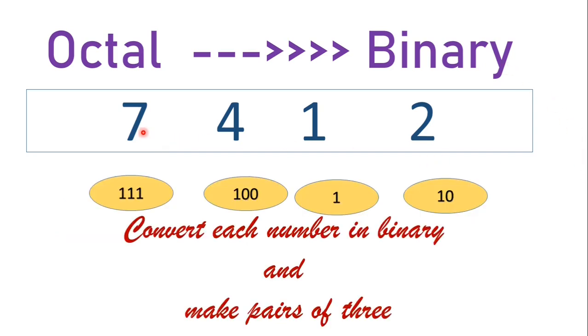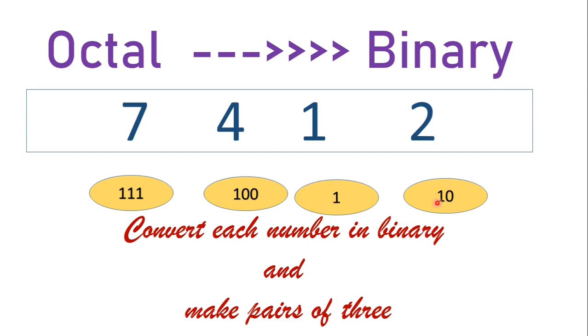The binary equivalent of 7 is 111, binary equivalent of 4 is 100, binary equivalent of 1 is 1, and binary equivalent of 2 is 10. And now we have to make groups of 3. So this is already a group of 3, this is already a group of 3, and to make this a group of 3, you have to add zeros towards the left hand side.